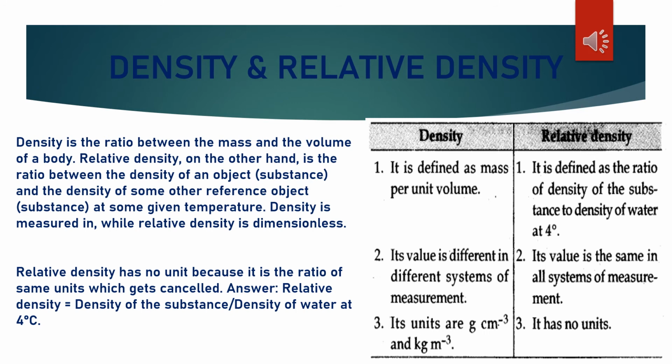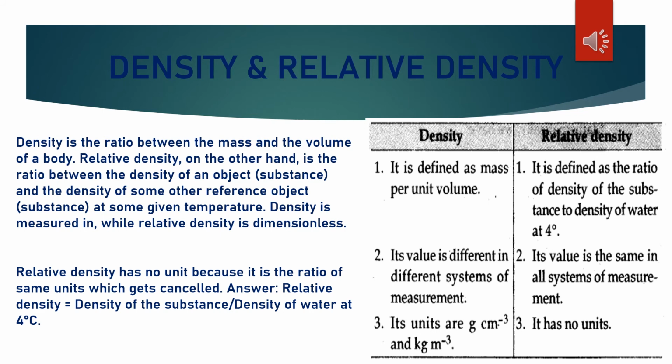So there is a difference between density and relative density. Density is defined as mass per unit volume. Relative density is defined as the ratio of density of the substance to density of water at 4 degrees Celsius. Second point, the value of density is different in different systems of measurement.